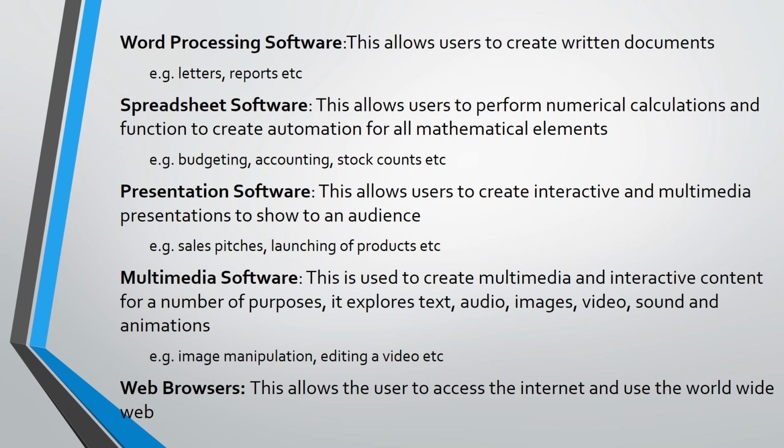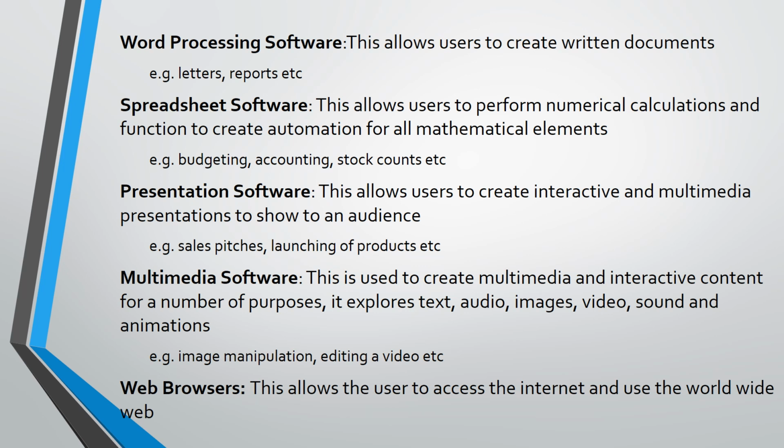The third tool is presentation software. It allows users to create interactive and multimedia presentations to show to an audience. We can use PowerPoint for this purpose, and it will help us in different ways like sales pitches, launching of a product, or making interactive slides for our students. Fourth is multimedia software.